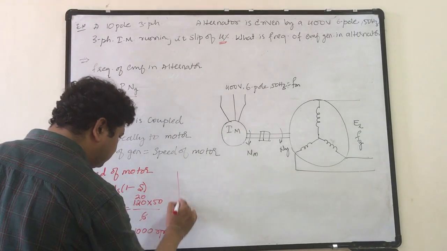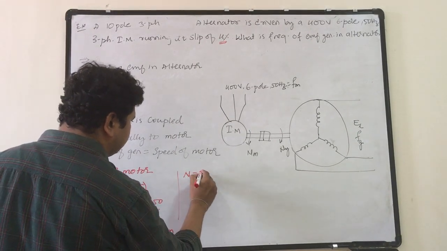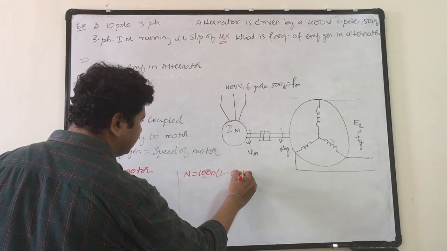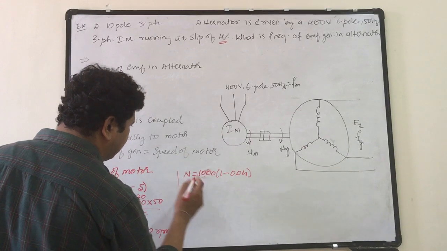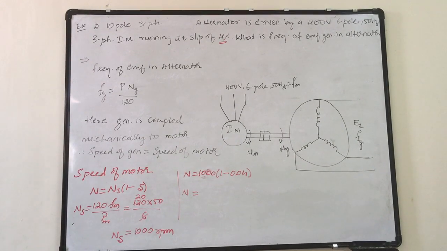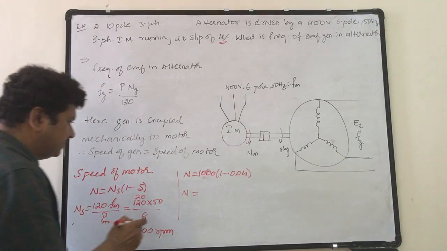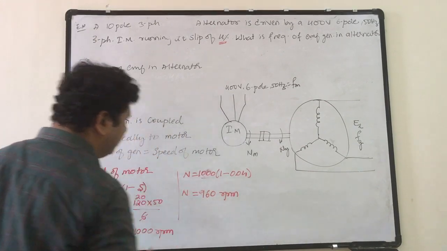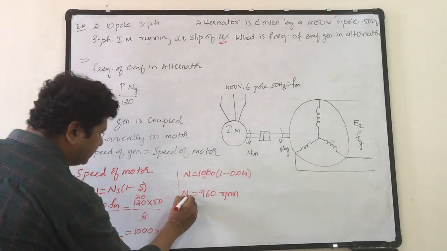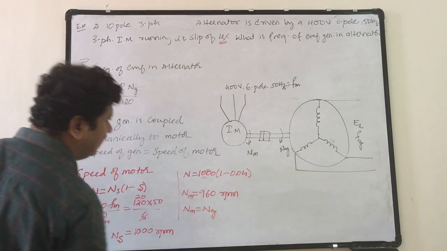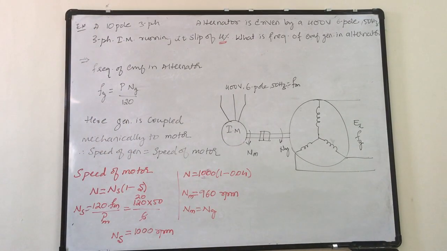Therefore N is equal to 1000 into 1 minus 0.04. So N is 960 RPM. So Nm is 960 RPM, which is equal to Ng, the generator speed.